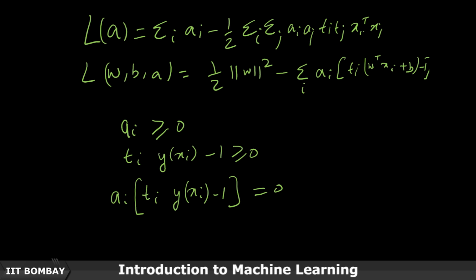Okay. So because of this, we can get different conditions to solve for w and b. W we already eliminated, but we can get b now.